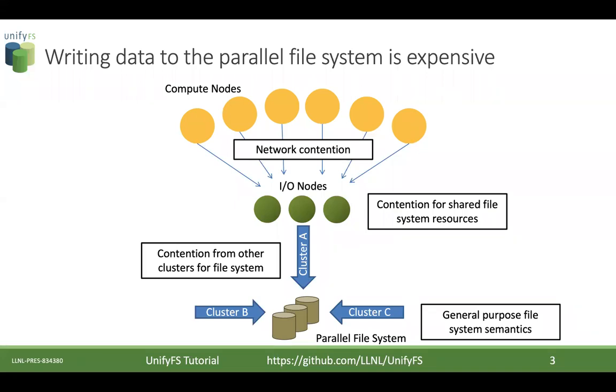These intermediate nodes may be called I/O nodes or I/O routers, depending on what system you're on. But this is a pretty typical layout from starting 10, 15 years ago to even today.